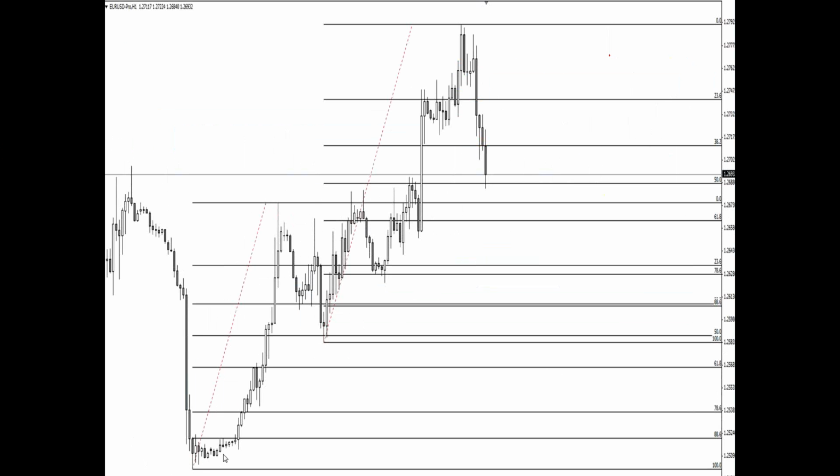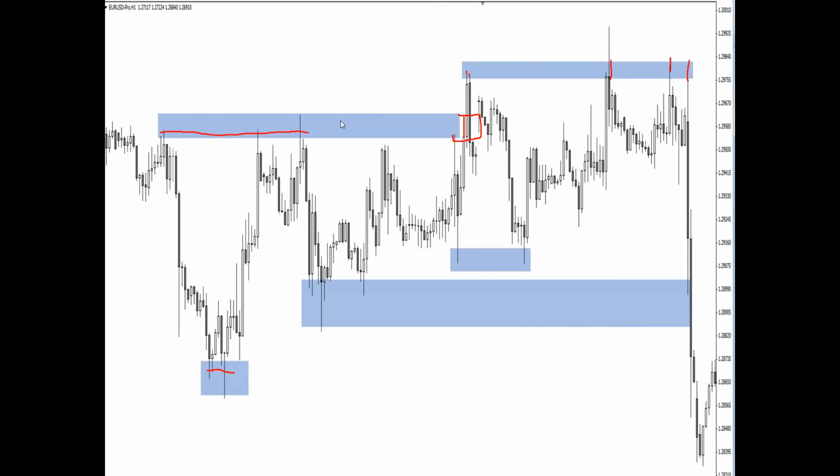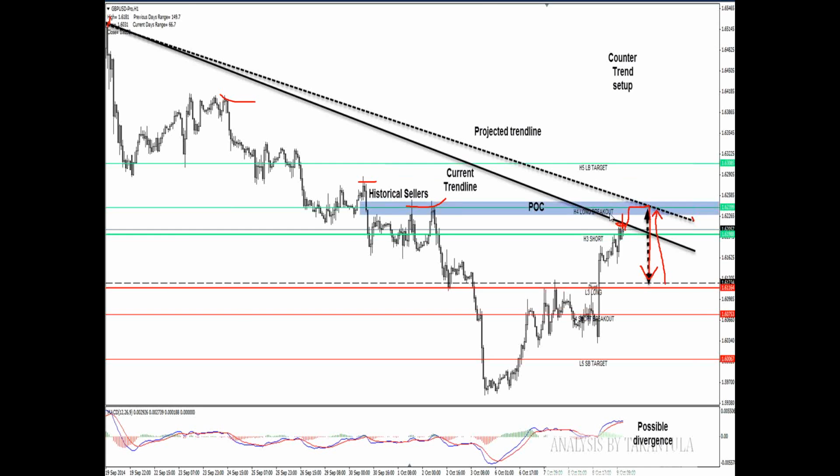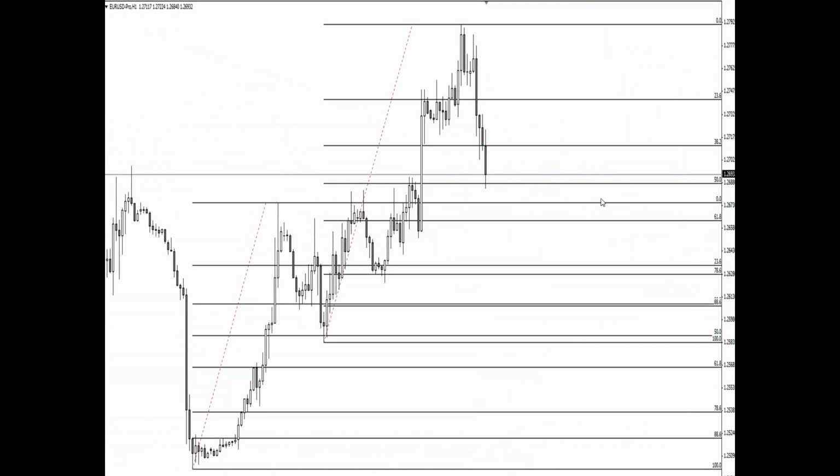Double Fibonacci confluence is also used in day trading because when we see double Fibonacci levels, we can usually base our decisions much more easily than with single Fibonacci levels. But sometimes those double Fibonacci levels are not so important if we have other parts of confluence, such as historical buyers and sellers, and projected trend lines in general.